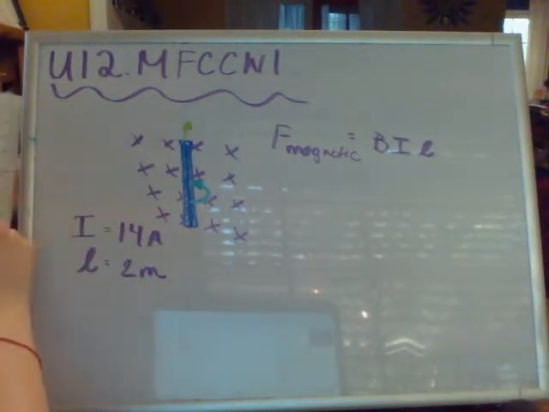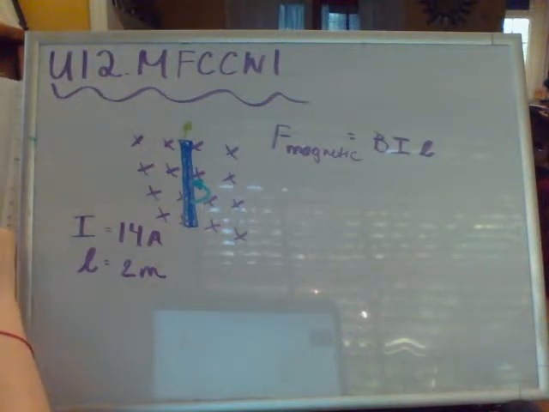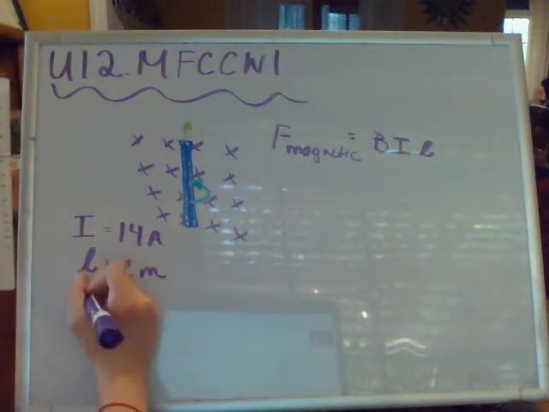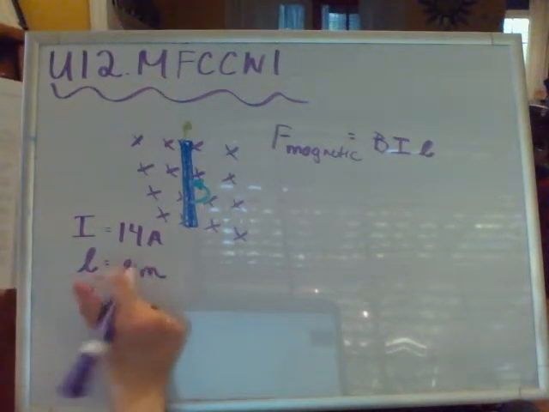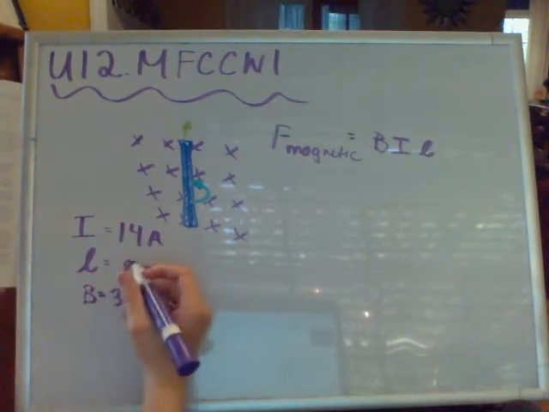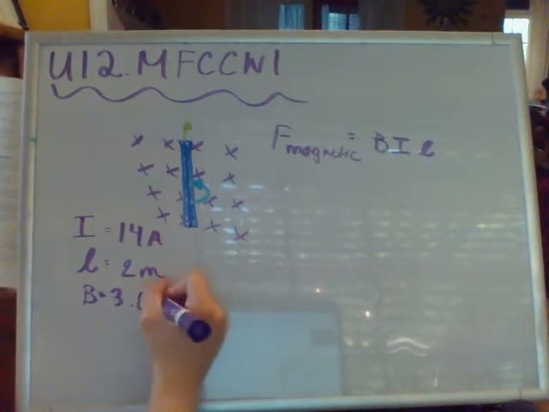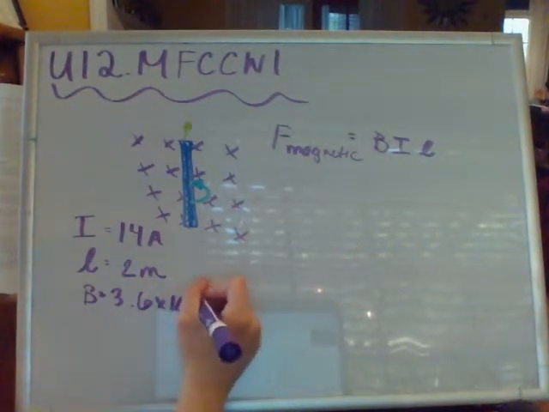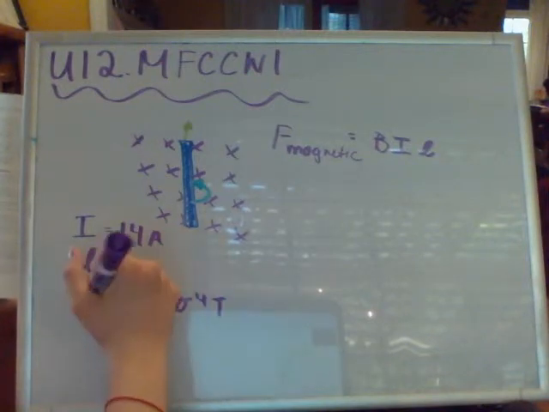And it also tells us that it is going through a magnetic field, which is 3.6 times 10 to the negative 4 Teslas, and that's at a right angle.